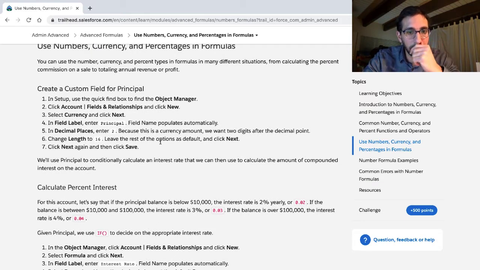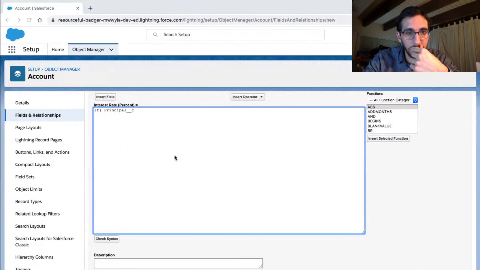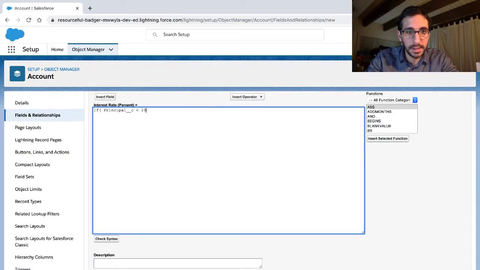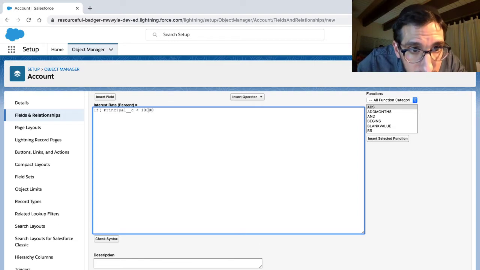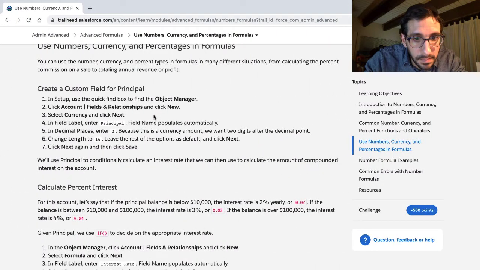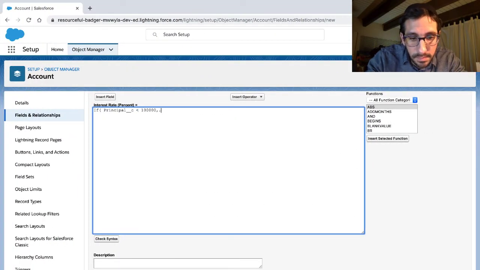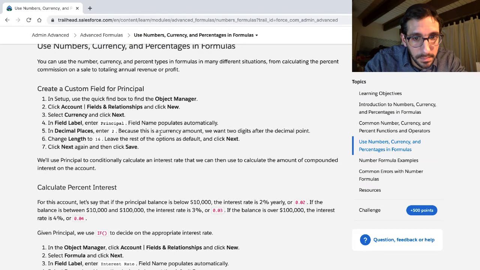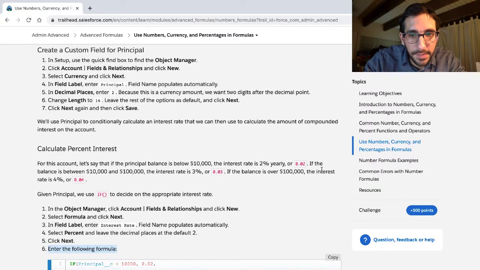If principal is less than 100,000, if the balance, so the balance is the principal. That's the amount of.